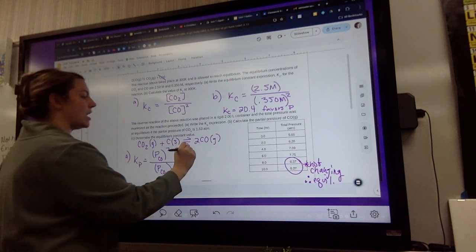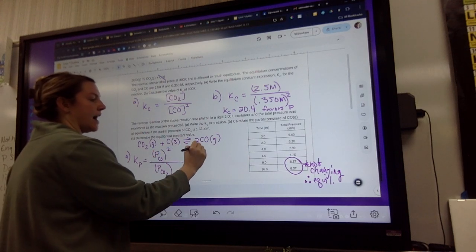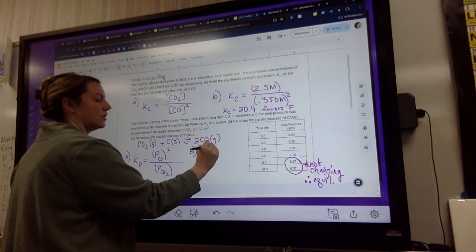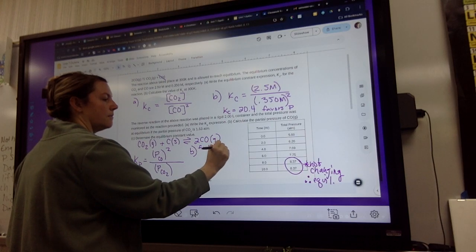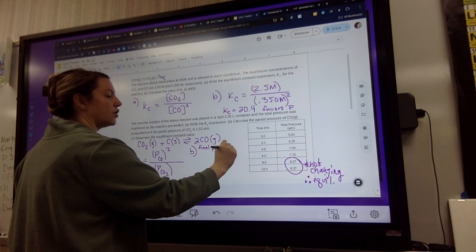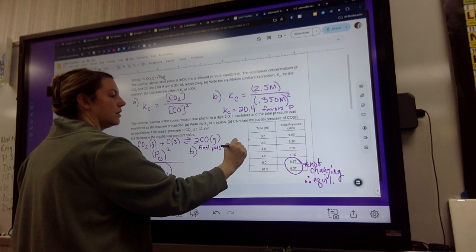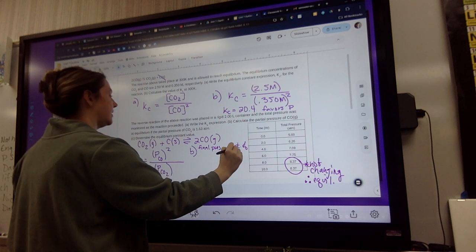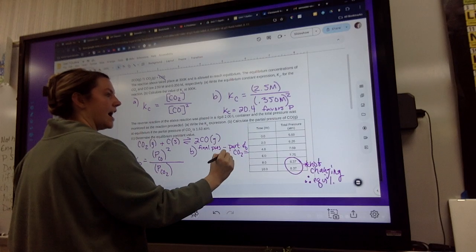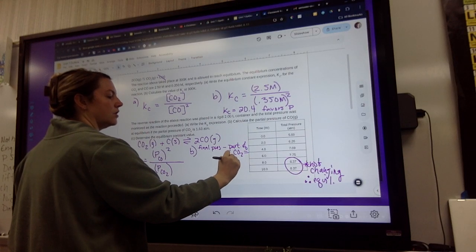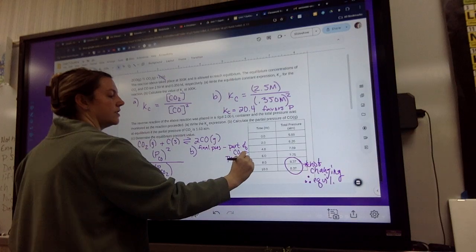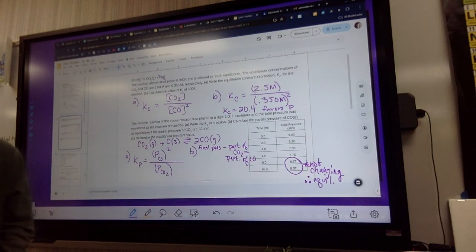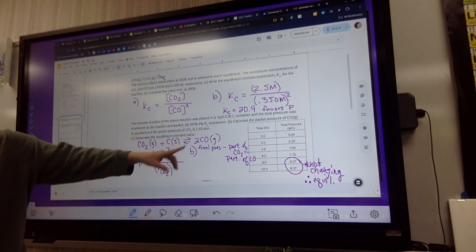So for part B, I'm going to take my final pressure minus the partial pressure of CO2 to find the partial pressure of CO. Does that make sense? Because there's only two gases in the tank.